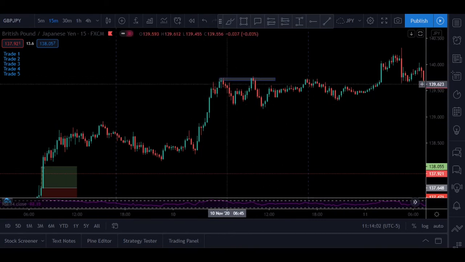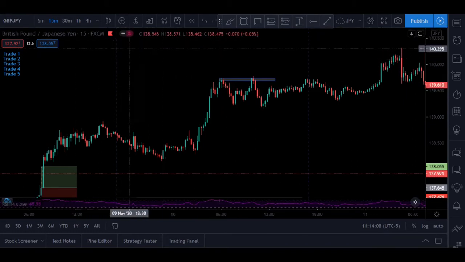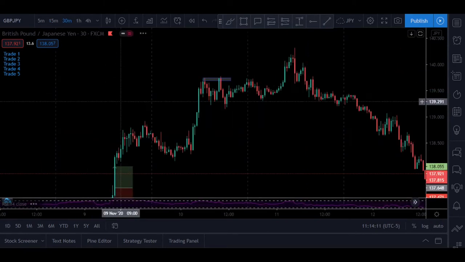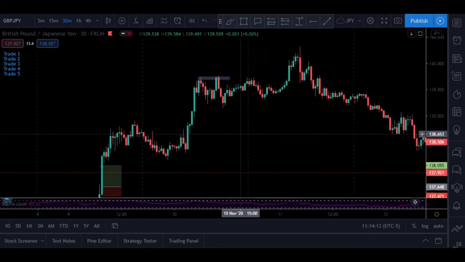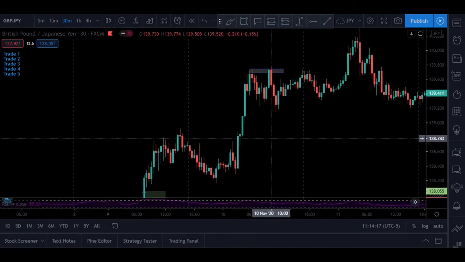Here price rejected this area. We can go into the 30 minutes. We are in November 9, just in case. What do we have here, guys?